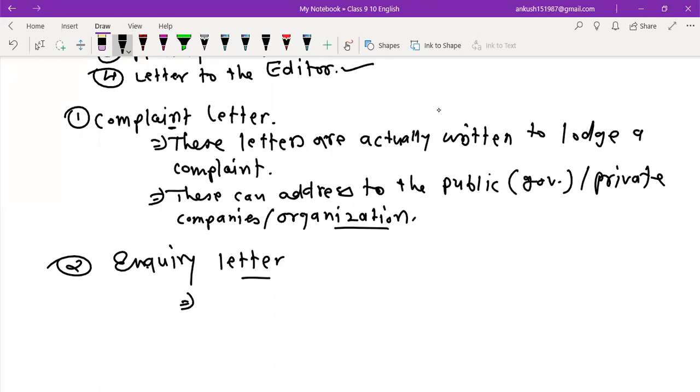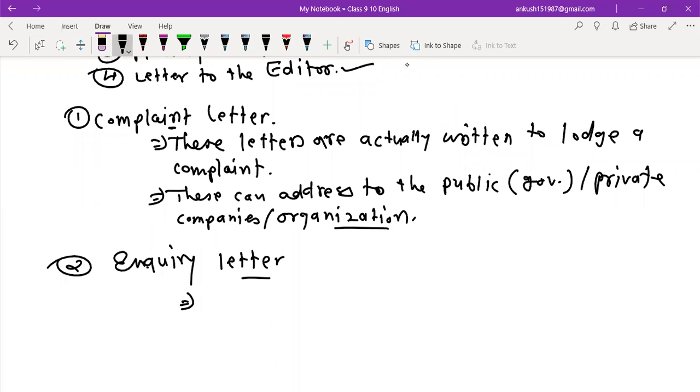Suppose that service or product has not reached us till now, so we can write a letter to that particular manufacturing unit, retailer, shopkeeper, private company or wholesaler, asking why the consignment is taking so much time to be received by us.